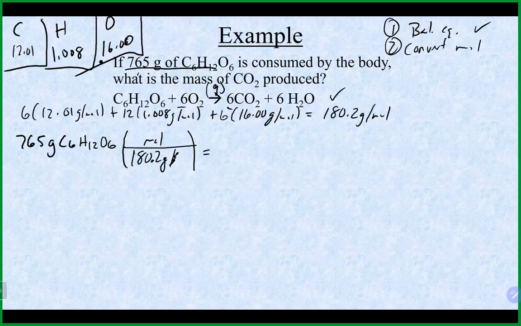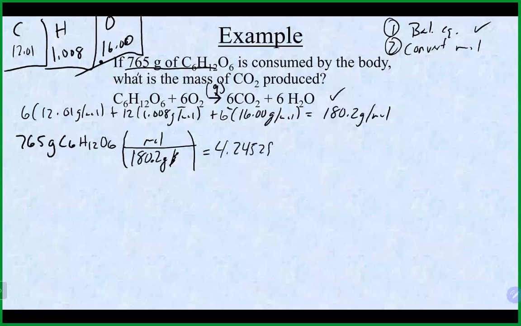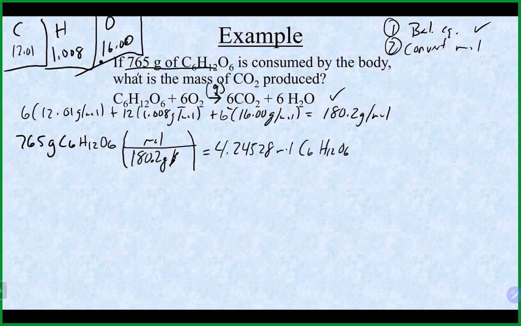And we will end up with 765 divided by 180.2. If we get an answer at this point, 4.24528 moles of C6H12O6. The next thing that we want to do again is really the stoichiometry part. So we're going to go to the equation and find our mole to mole relationship.